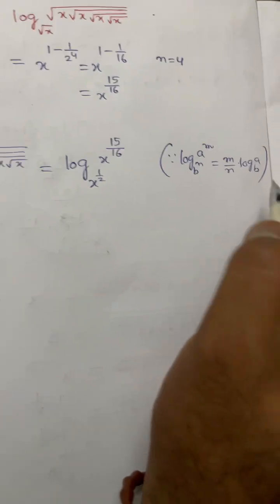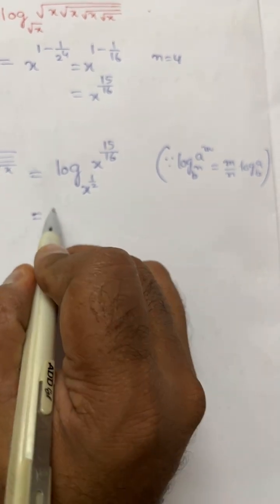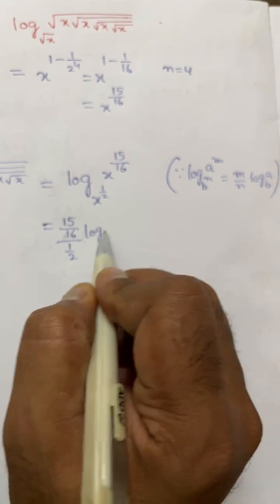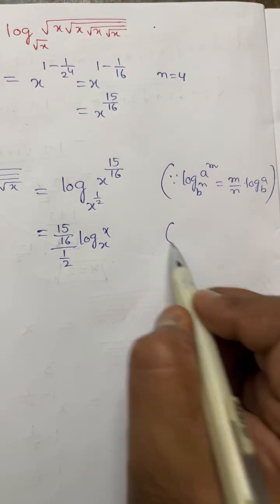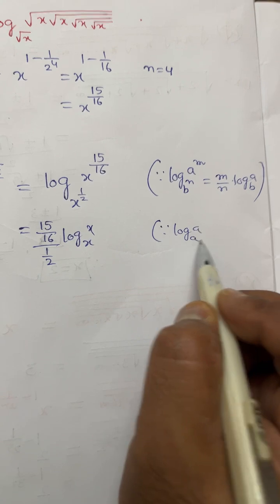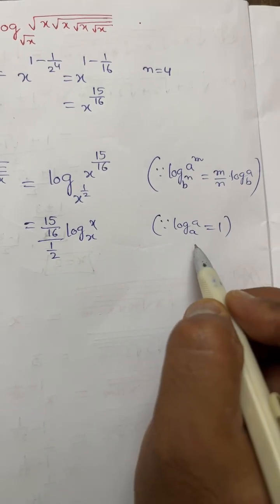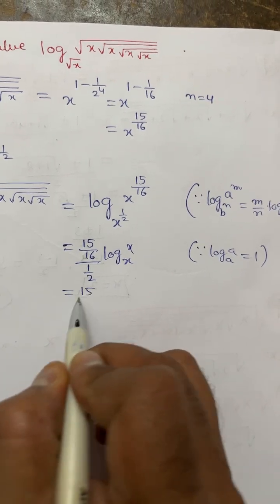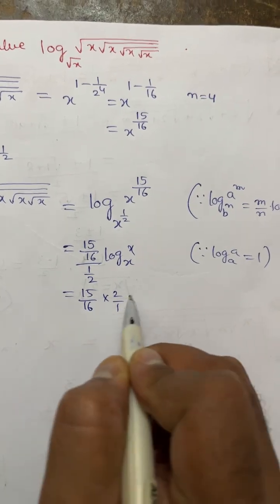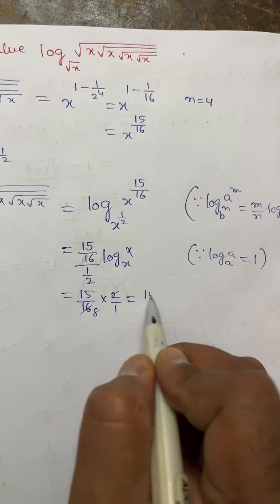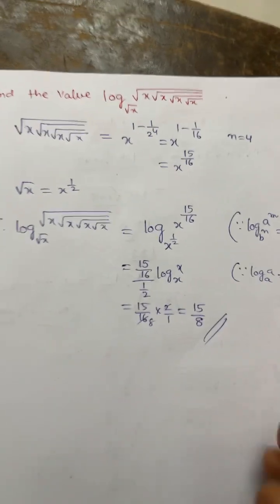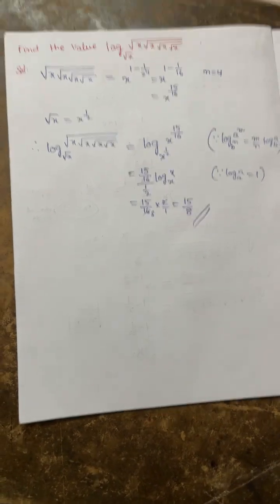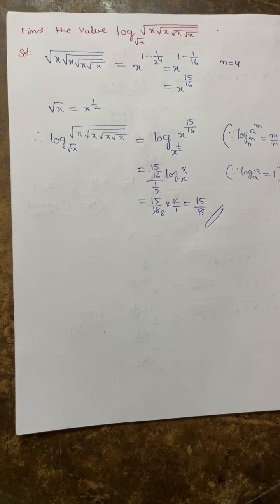So by using this formula, we can write it as 15 by 16 whole divided by 1 by 2, log x to the base x. We know that log a to the base a, logarithm of a number to the same base, is always 1. So 15 by 16 into 2 by 1, which is equal to 2 ones are 2, 2 eights. So 15 by 8 is the answer. This is the way you can do it, dear students. I hope you understand.